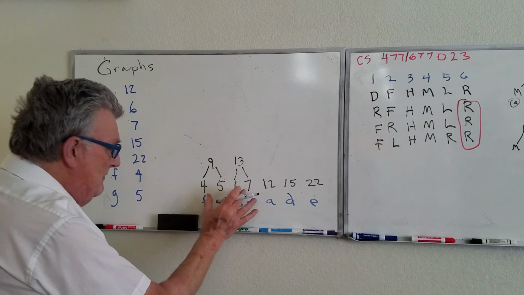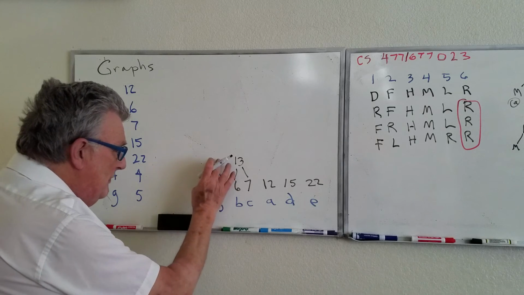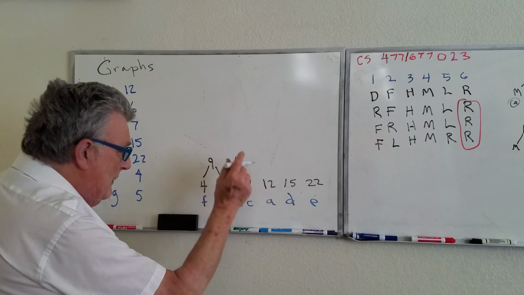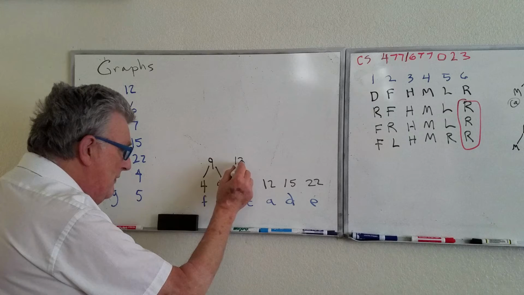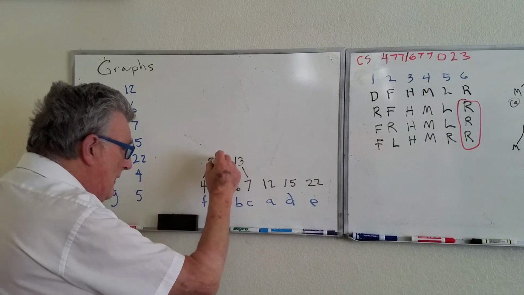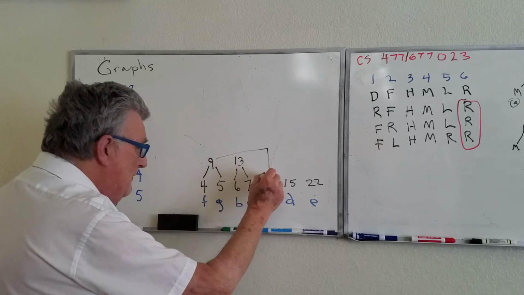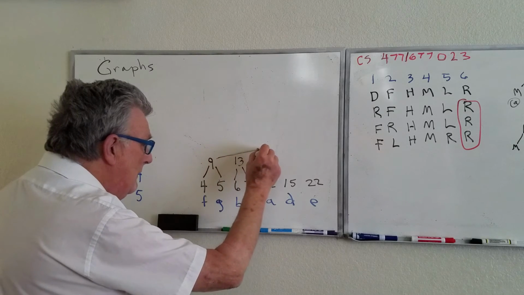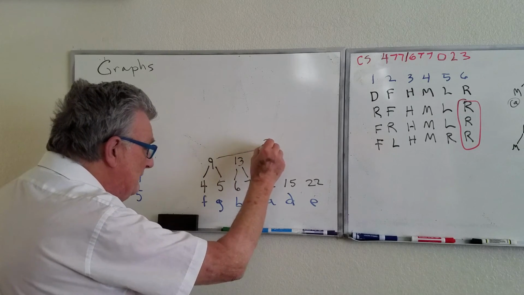So now in this situation, the smallest two are 9 and 12, because you don't distinguish between those that are already a combination and those that are already isolated. So this becomes a weight of 21.